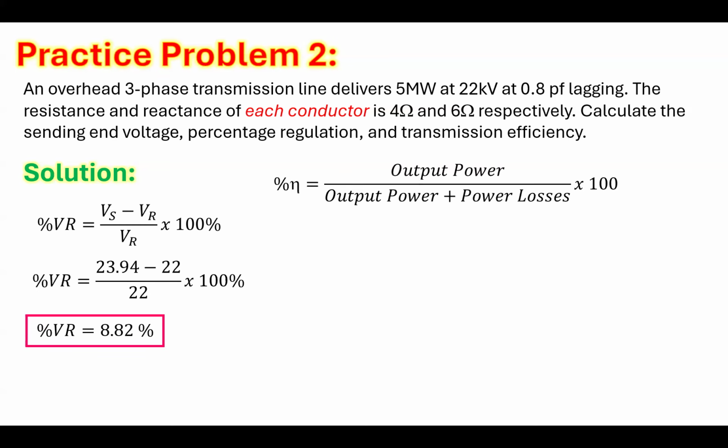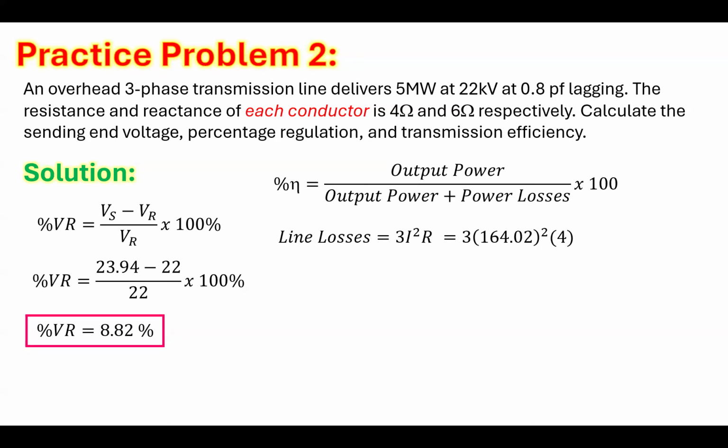And for transmission efficiency, we have to use our equation, the output power all over output power plus power losses multiplied by 100. So first we need to compute the line losses, that is equal to 3, because this is 3 phase, multiplied by I squared multiplied by the resistance.